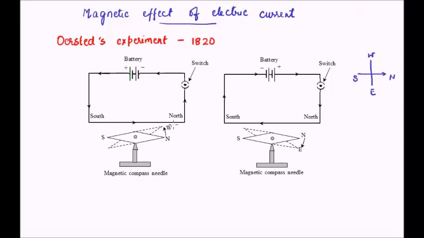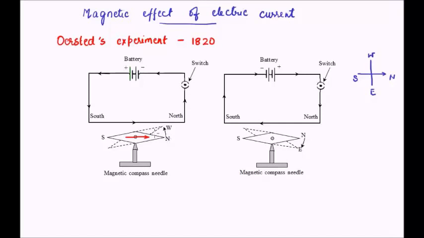if there were no magnetic field present, then the magnetic compass would have pointed in the south-north direction. This is my south-north, this is west, this is east. So ideally, in the absence of any magnetic field, the compass should direct towards the Earth's magnetic field, that is south-north.